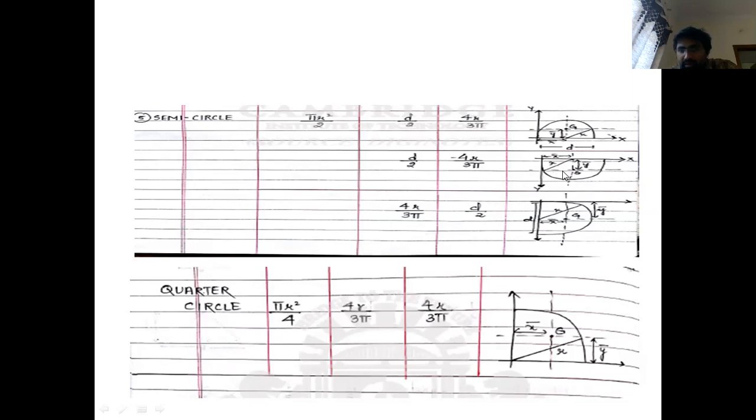I am not getting an exact replica of the topmost one on the bottommost position, but still the values will be the same. That will be 4r by 3 pi, the same value as we got before. But the change will be the sign convention, because it is lying on the negative y-axis. So that will be minus 4r by 3 pi.